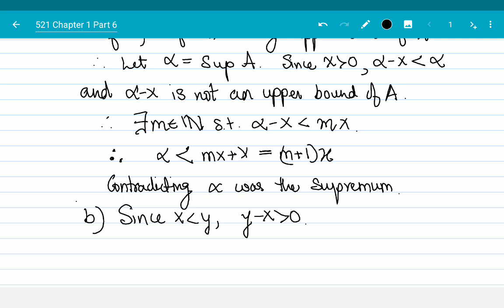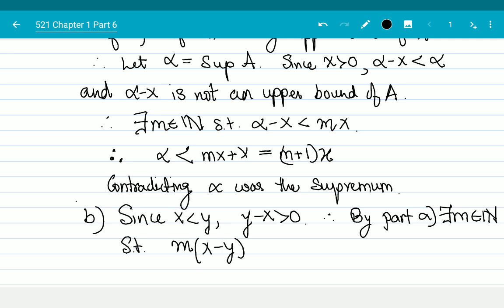Therefore, by part A, there exists some m in N such that m times (y minus x) is greater than 1. Right?